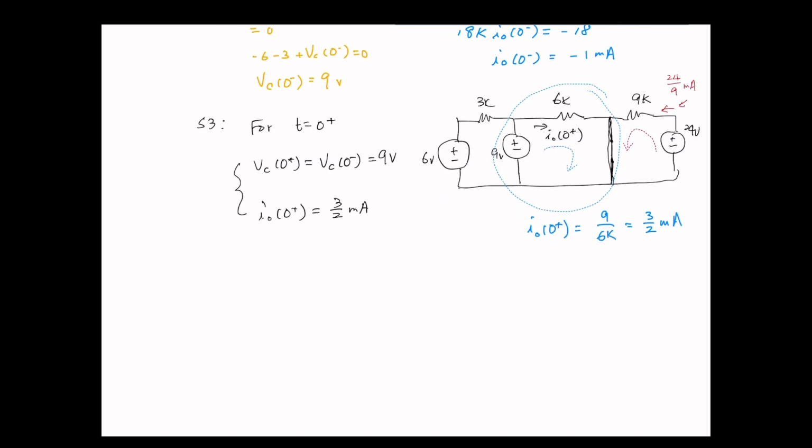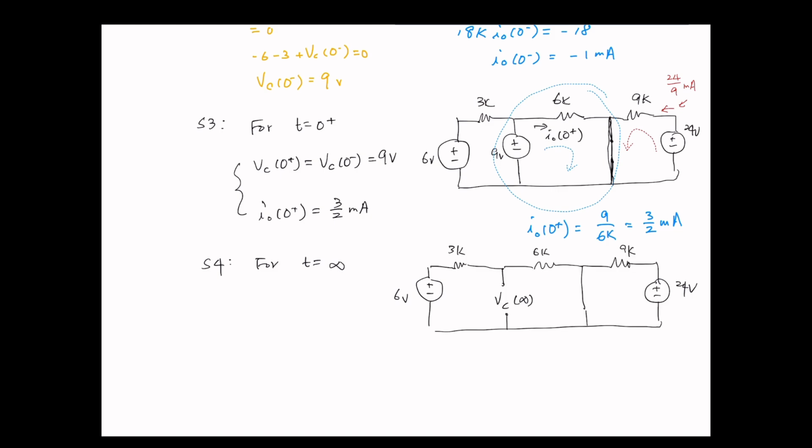Step number 4, for t equals 5 times tau. After a long period of time, the circuit looks like this. We need to find I sub 0 infinity and V sub C infinity. We're going to do KVL, but this time there is a short circuit because the switch is closed.